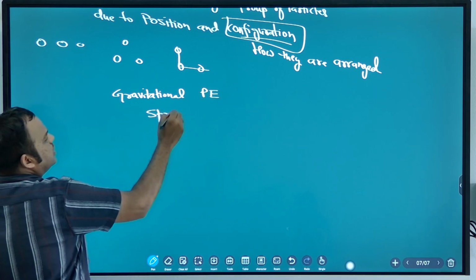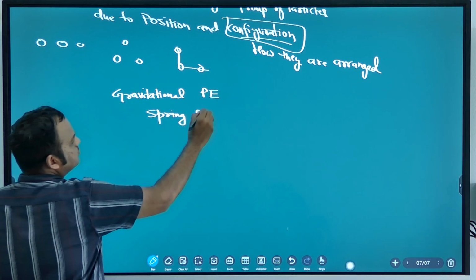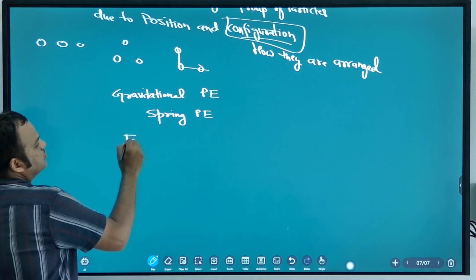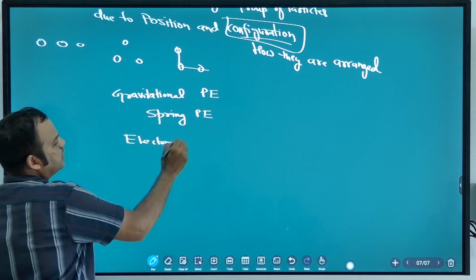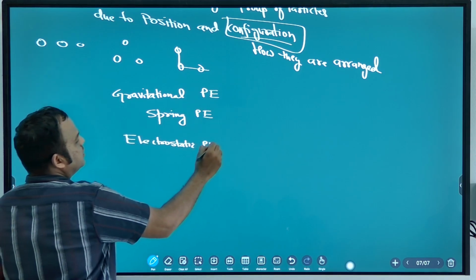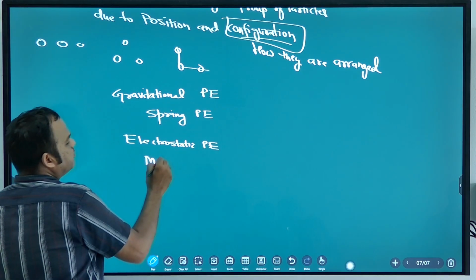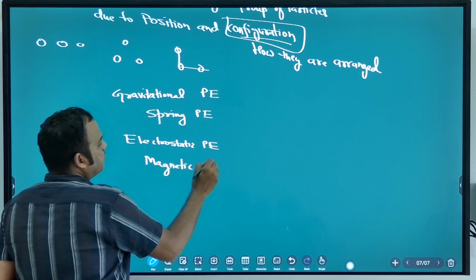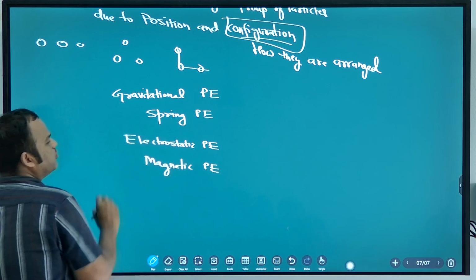Second example, spring potential energy. Electrostatic potential energy. Magnetic potential energy. Magnets also have potential energy. Magnetic potential energy, electric potential energy.